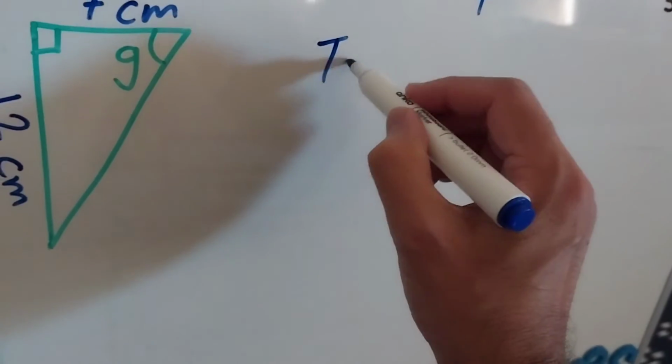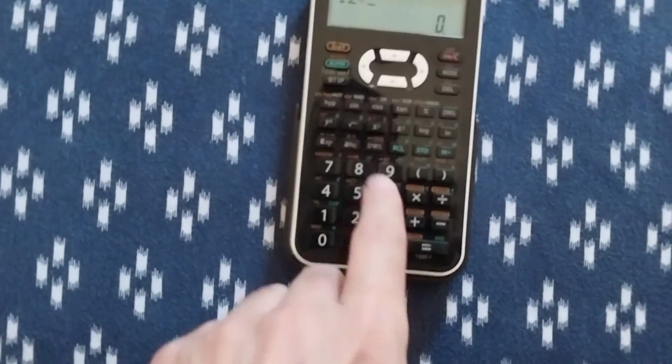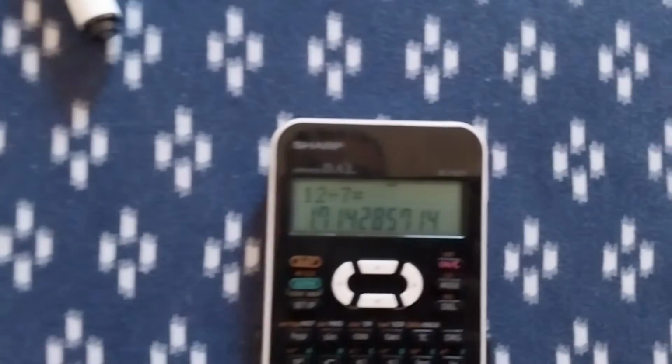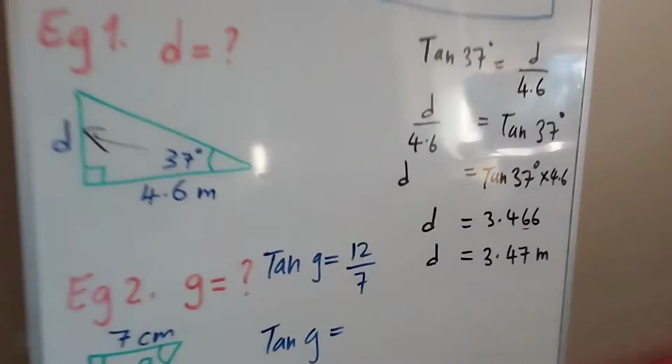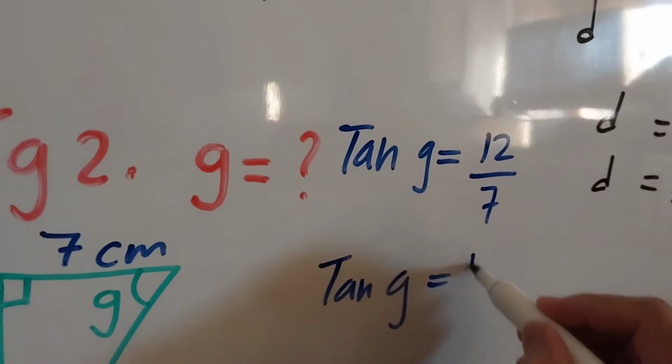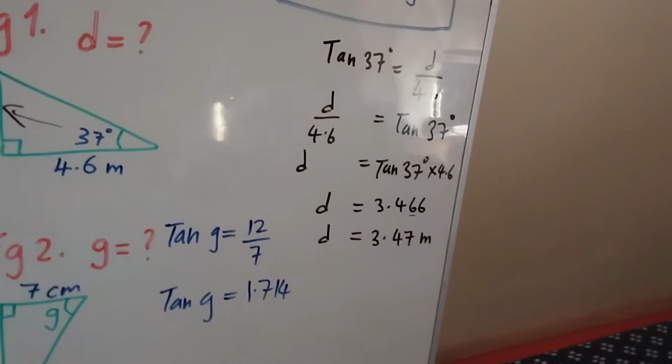Now, tangent of the angle G would be equal to, let's come to the calculator. What's 12 divided by 7? 12 divided by 7 is 1.714. It is a long decimal number.